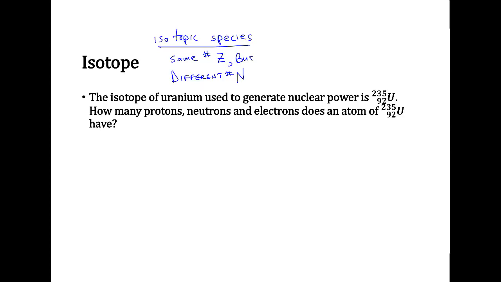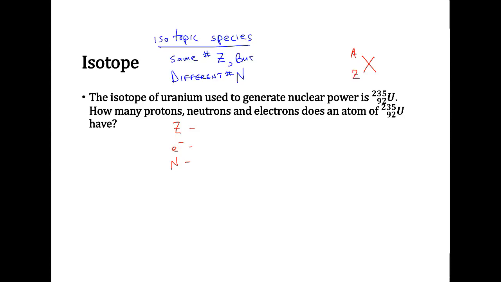Let's look at this example here. The isotope of uranium used to generate nuclear power is uranium-235. How many protons, neutrons, and electrons does an atom of uranium-235 have? You can either use a Z or a P for this. Recall that in our chemical symbol, we have our mass number up in the left superscript, and then our atomic number in the left subscript.